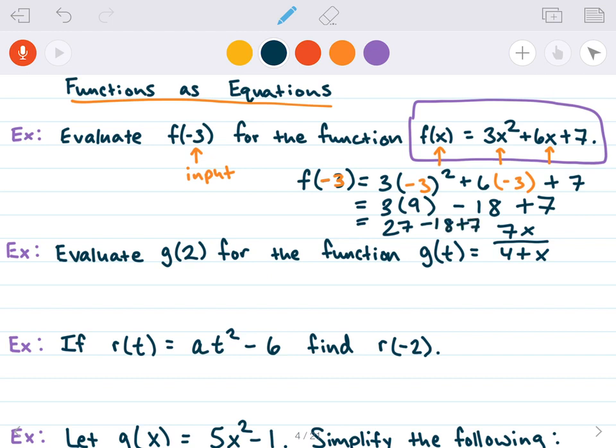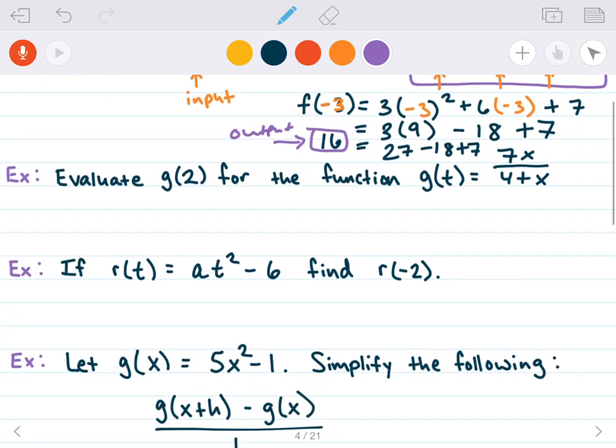And let's see what that is. 9 and 7 is going to be 16. So this is our answer here. When we evaluate, we're given an input and we find out what our output is by using our rule. All right, let's do the next one.